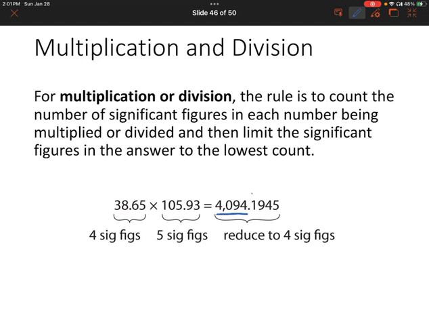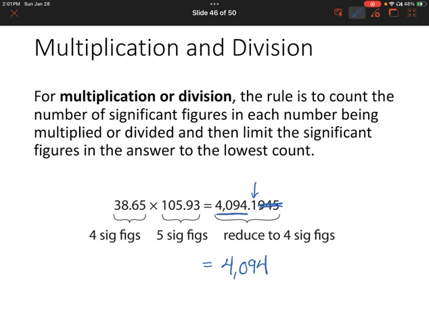So the next digit over is a 1. And sometimes it's tempting, because the next digit is a 9, sometimes it's tempting to round the 1 up and then keep rounding. But just ignore these last 3, right? Just ignore those. So the next digit over is a 1, so that means we just keep the value the same. So we have 4,094. And that will give us our 4 sig figs.